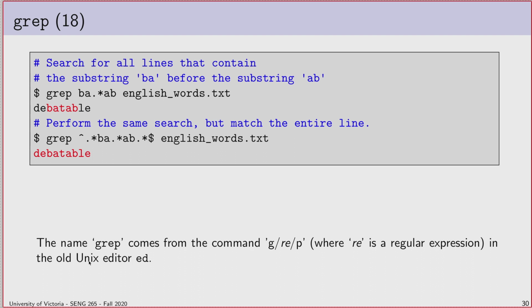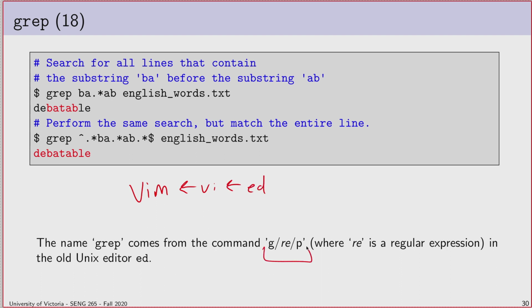Not that we care too much, I guess, but the name grep, the reason we have such a bizarre name for a pretty standard program that we use all the time to search stuff, is that it comes from this ancient Unix editor called ed, from which I believe in 265 people still teach vim. So vim, which is descended from vi, which was descended from ed, has actually inherited this command.